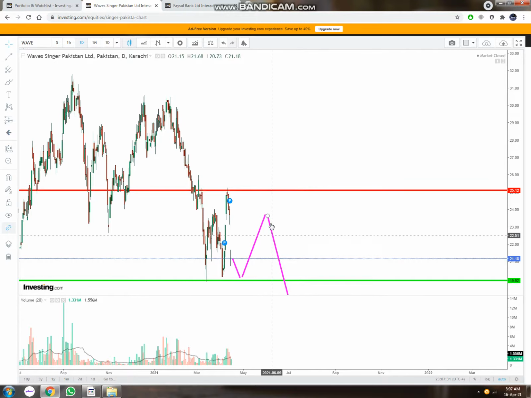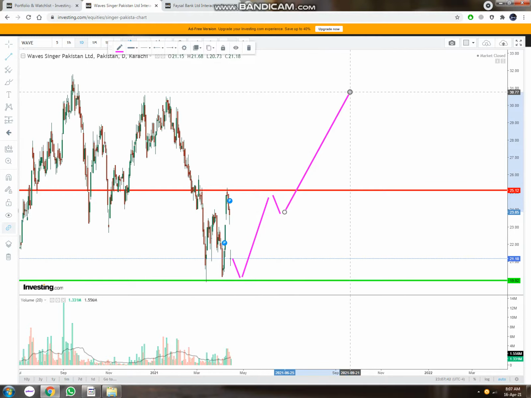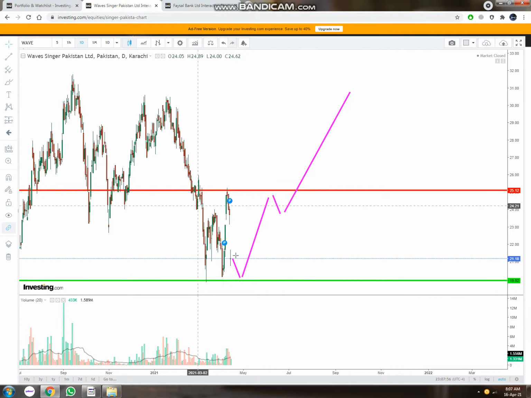Now if this strategy applies like this and it goes upward, it is a great strategy. This is a great entry point and a great strategy to apply. Now we'll have to wait for the stock to give us some results, to give us a hint where the market will be heading next.